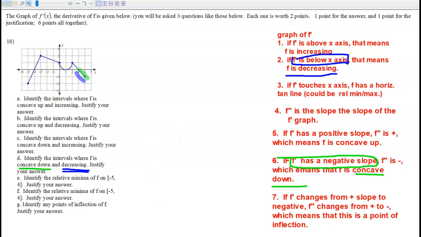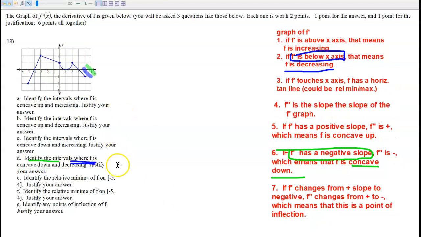So that would be from 3 to 4, it looks like. And there you go. That's the answer to part D.